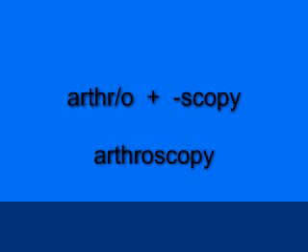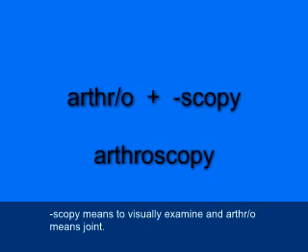What would be the term for the visual examination of a joint? That would be arthroscopy, A-R-T-H-R-O-S-C-O-P-Y. Scopy means to visually examine, and arthro means joint.